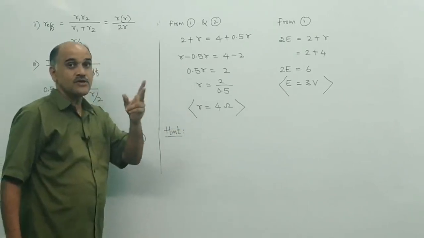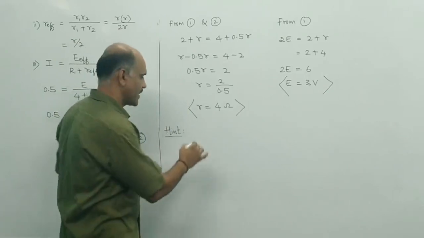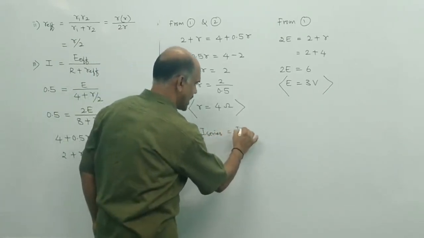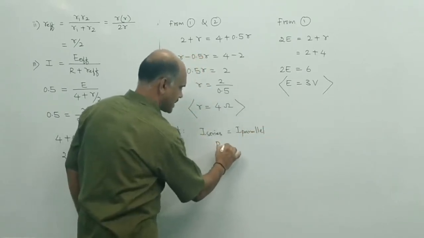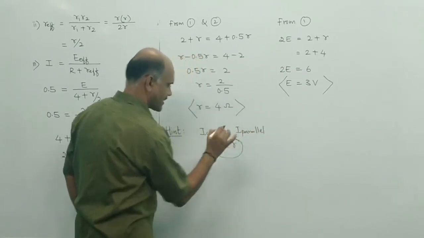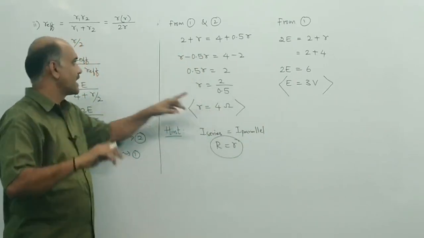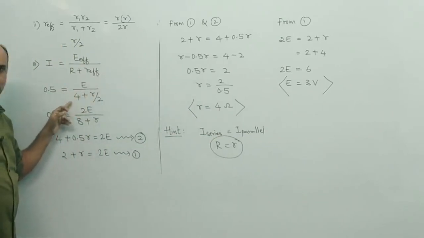In combination of identical cells, if I in series is equal to I in parallel, then always capital R will be equal to small r. If you observe, you have got 4 ohms, capital R he has given. If you go back and observe, capital R is also 4.